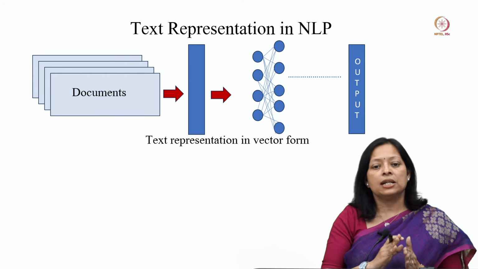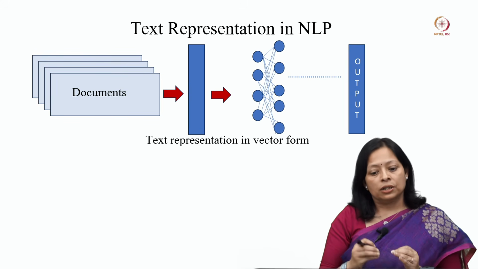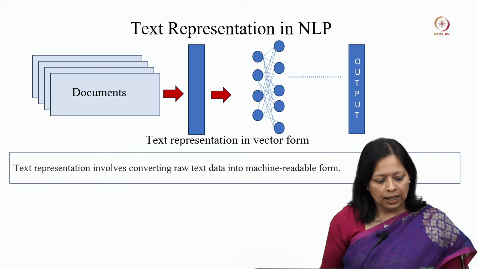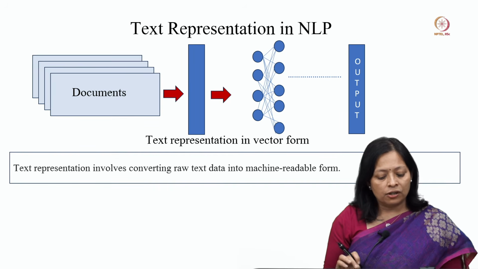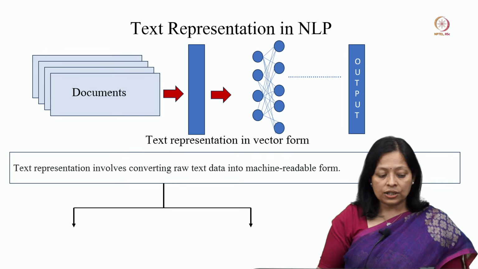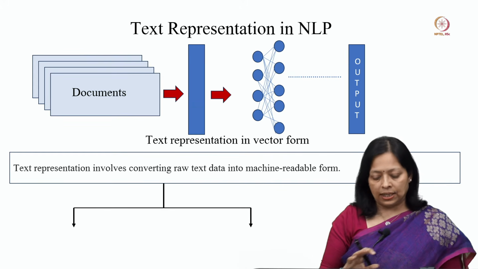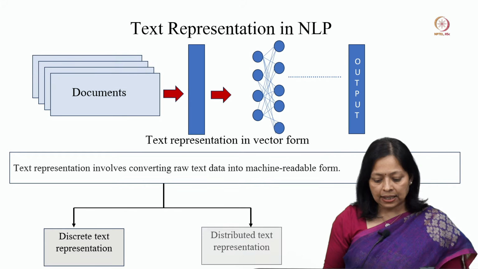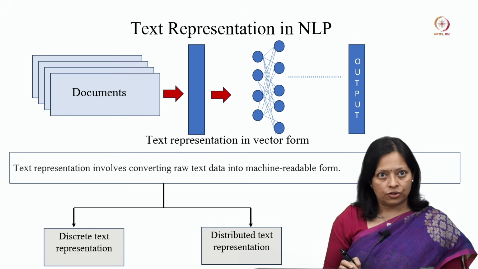Text representations involve converting raw text data into machine readable form. There are two types of text representations which are widely used: discrete text representations and distributed text representations.